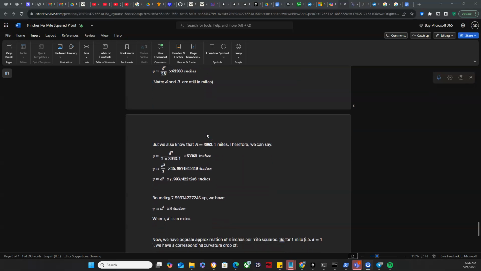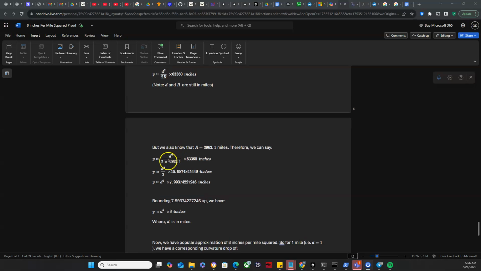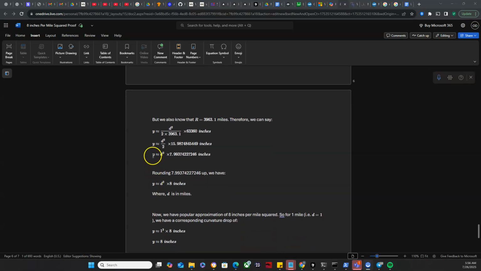So since they're still in miles, we can take the r value. Obviously, we know r is the radius, which is 3,963 miles. So we can plug that into the formula and do some cancellation, and then we have y approximately equals d squared times 7.994, and this approximates to 8.